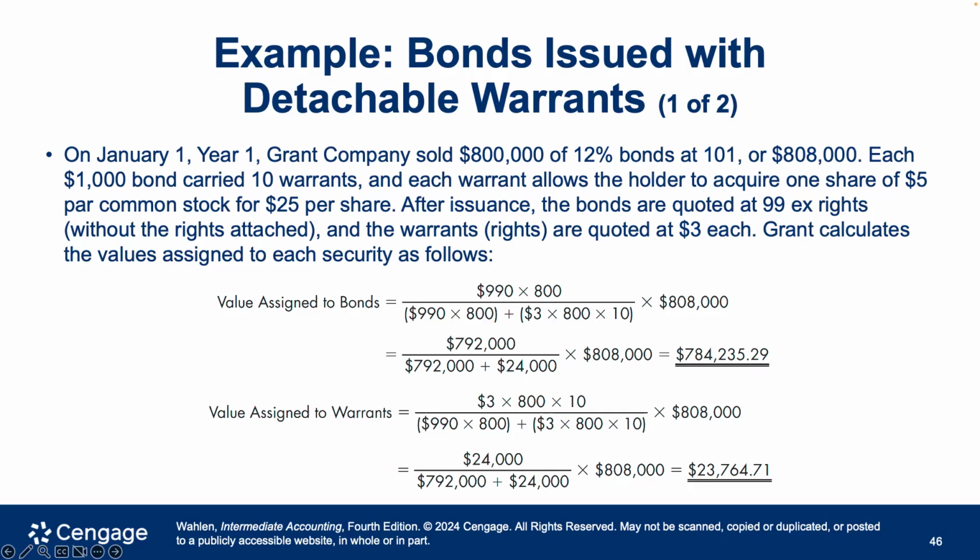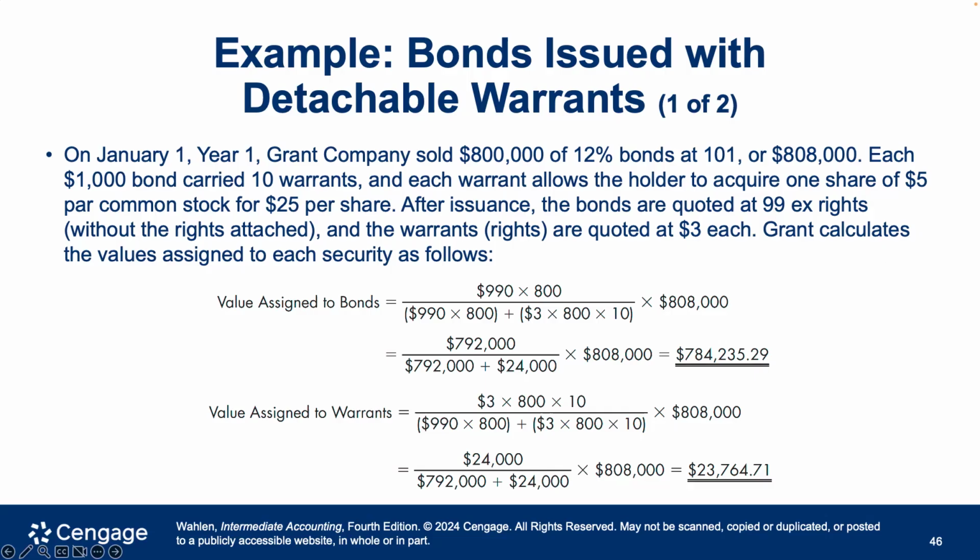So what happens next? The bonds get recorded at a discount because the amount assigned to bonds is less than our face value. The warrants are recorded in equity, typically as common stock warrants, with additional paid in capital. We're going to debit cash for $808,000. We're going to debit discount on bonds payable for $15,764.71.